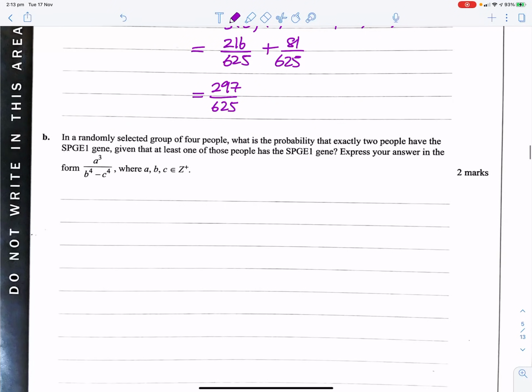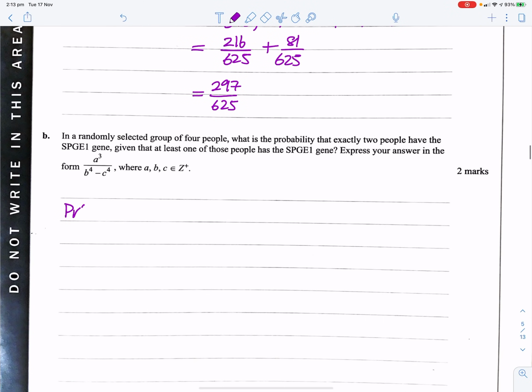Okay. In a randomly selected group of 4, what's the probability exactly 2 people have the gene, given that at least one of these people has the gene? So the probability that 2 people have the gene is 4C2, 3/5 to the power of 2, 2/5 to the power of 2, which is 4C2, 1 4 6 4 1 from Pascal's triangle.